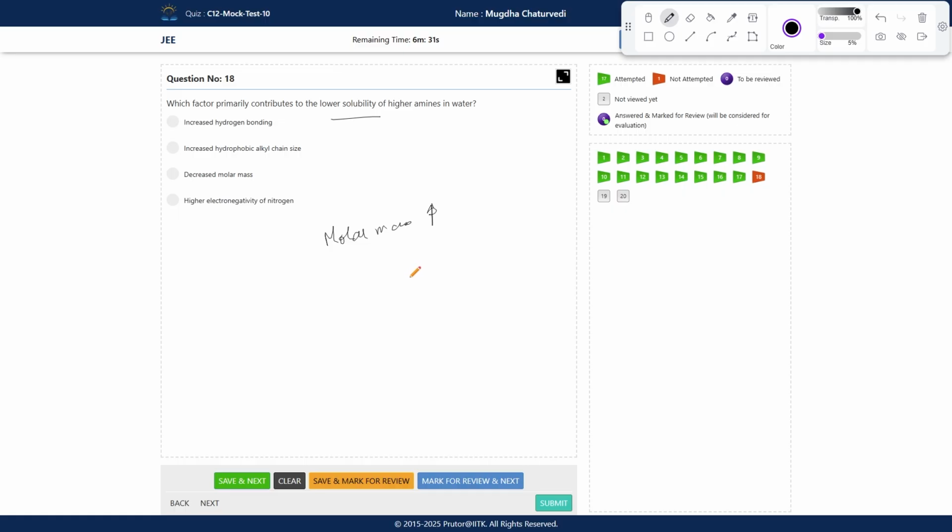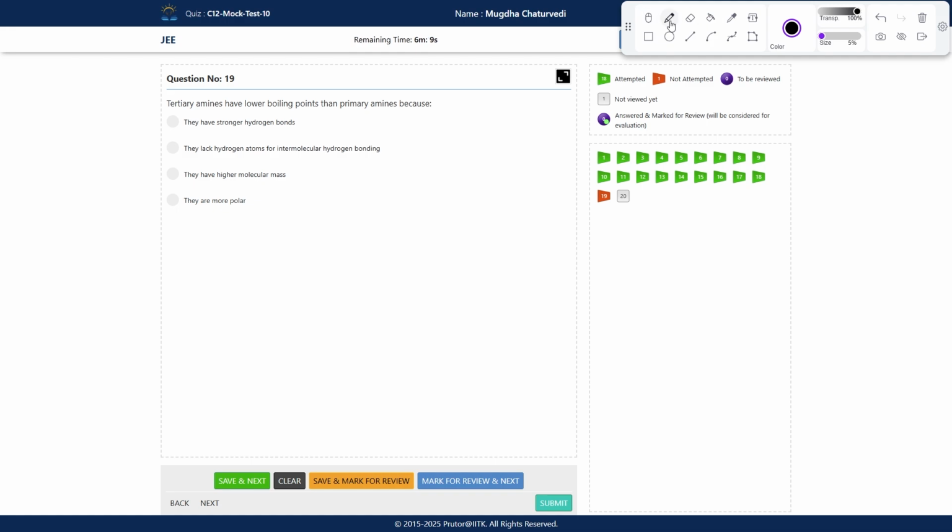Hydrophobic means water repelling, so this factor primarily contributes to the lower solubility. The right answer will be option B, increased hydrophobic alkyl chain size.